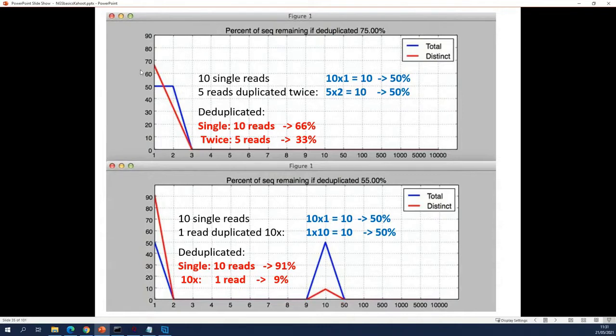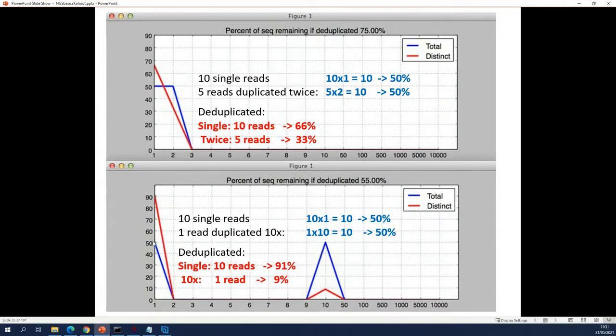So let's take a second example, a more extreme example. I still have 20 reads in my FASTQ file, but this time 10 of them are unique, and then you have one that is duplicated 10 times. So 50% of my FASTQ file is unique, and 50% of my FASTQ file was coming from a read that was duplicated 10 times.